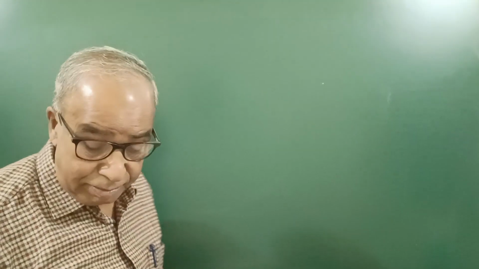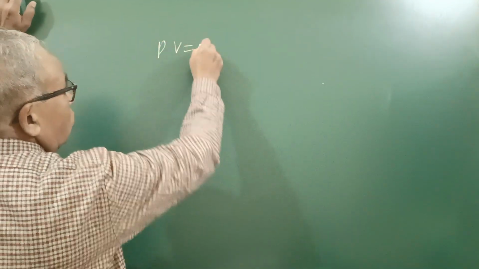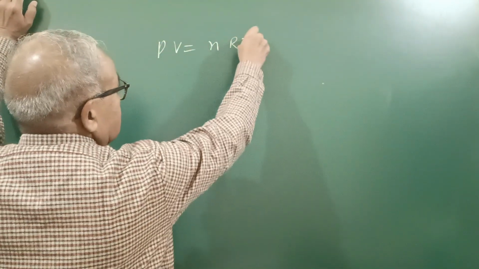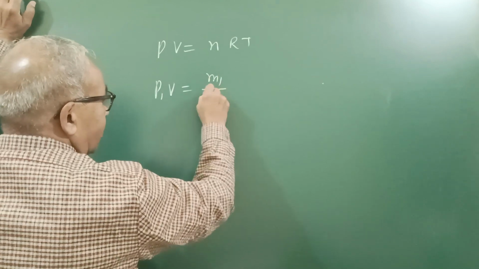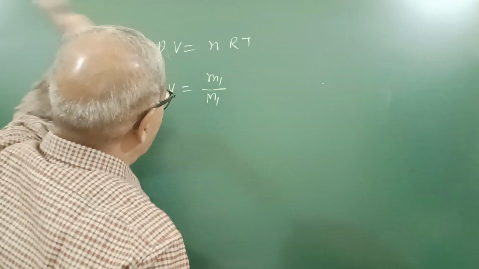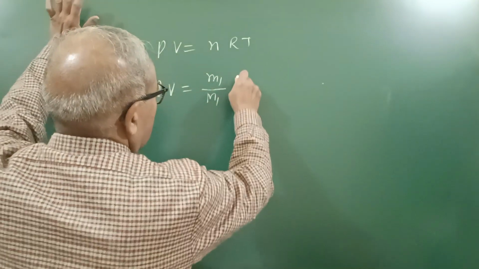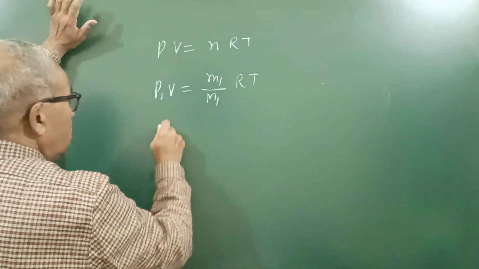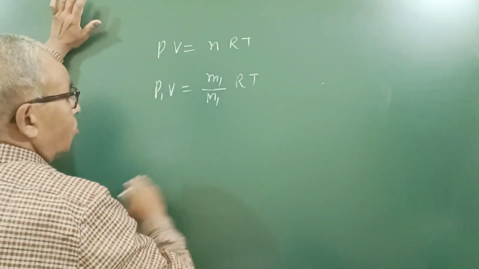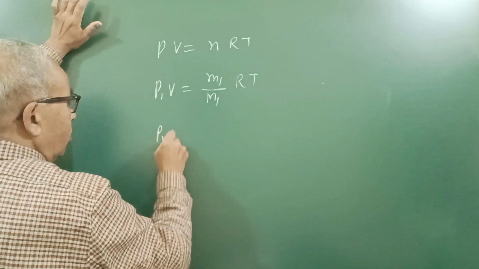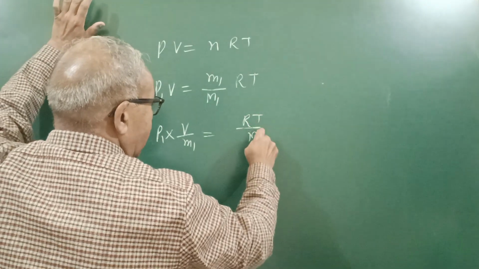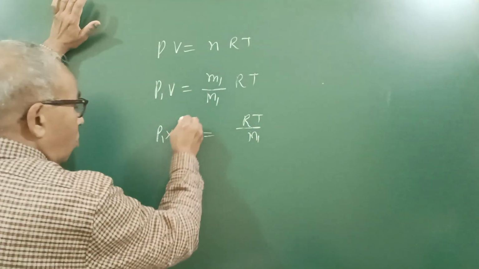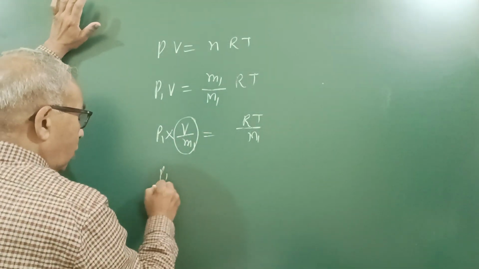Then the question asked for the ratio of density, in this same question. Further, PV equals nRT, and P1 V equals M1 upon capital M1 times RT. M1 is the mass of the gas, capital M1 is the molecular mass. Or you can write P1 V upon M1 equal to RT upon capital M1, where M1 is in grams, molecular mass. What is this? It is 1 upon density.